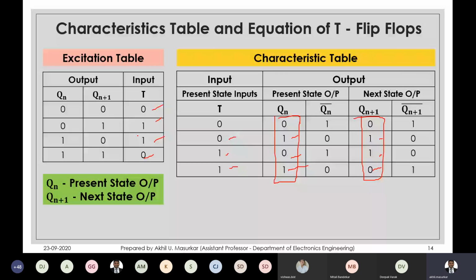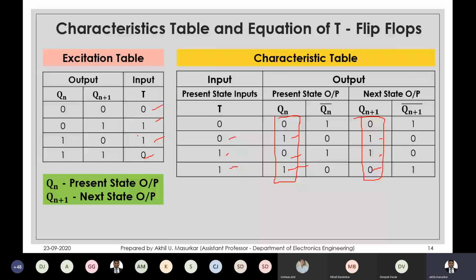So don't write the characteristic table again. Okay. Just write the excitation table. So you will write the truth table once, then the characteristic table once, then you will solve the K-map and then write the excitation table. Please note, to write the excitation table, you don't have to do characteristic equation.